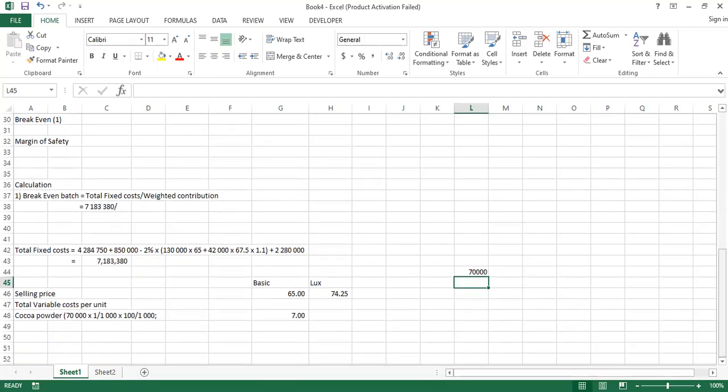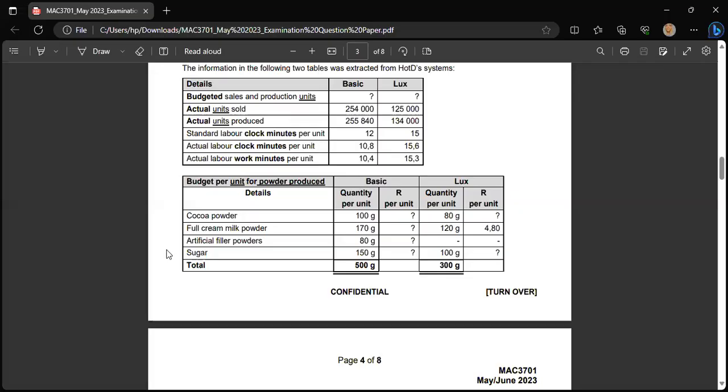All right, and then let's deal with cocoa powder, but for Lux now. Let's see what the story is with regards to Lux. So with Lux, the quantity is instead 80 grams there.